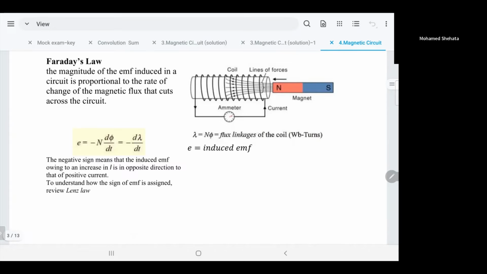So what's happening? The coil wants to resist this. So it produces an EMF, because EMF is like voltage, and by the way, voltage is a kind of potential energy. Even mechanical engineers have potential energy. In electricity, we have potential energy.